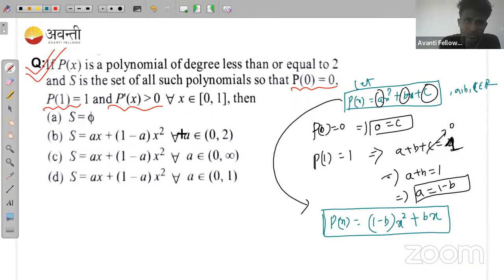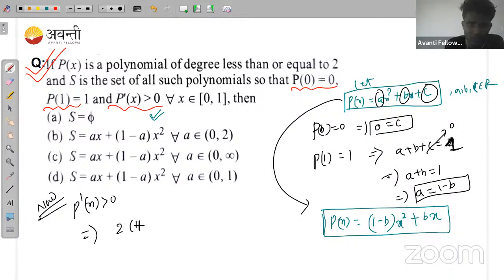Now we have one more condition left, one more condition we have not used. Let us use that also: p dash x is greater than 0. We are using the last condition. So if you differentiate this, it will be 2 times (1 minus b) x plus b greater than 0.